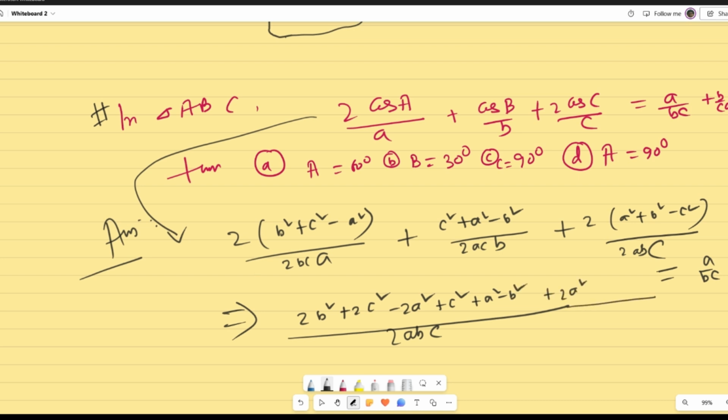One thing I'd like to tell you: in WBJEE exams, WBJEE people have forgotten, or intentionally, questions are not being asked on plane trigonometry. If they ask, that relation will be on the application side. You should remember this.